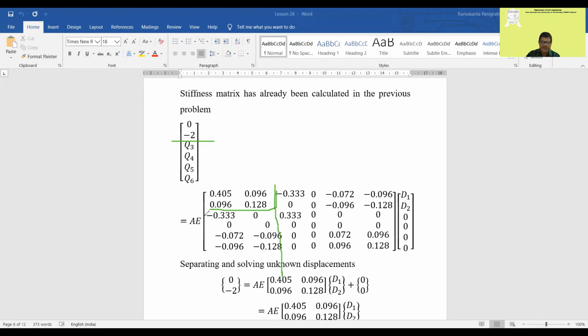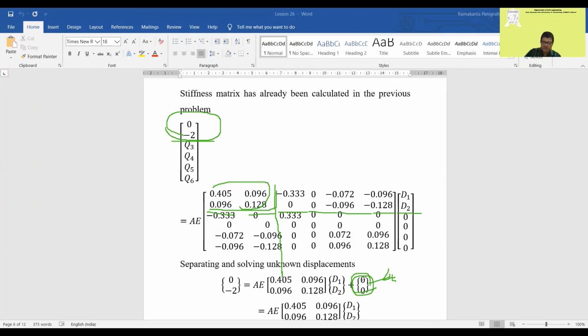Now this is the matrix for D1, D2, and these are the forces at D1, D2: 0, -2. This is the stiffness matrix for that, and D1, D2 are the unknowns. There are no imposed displacements, no delta L, and no forces applied at the joints other than these.